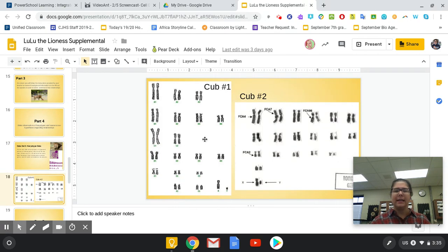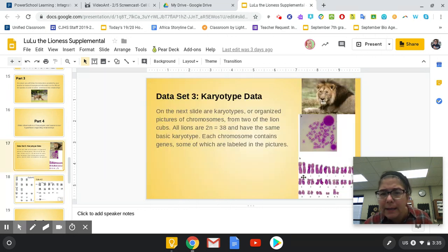Here are our lion chromosomes right here. Actually, this might be a lion. Oh, nope, it is a lion. 18. And the way that you can tell is that all organisms, first of all, have one copy of each chromosome from each parent.